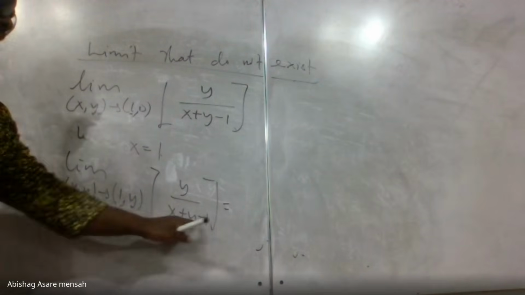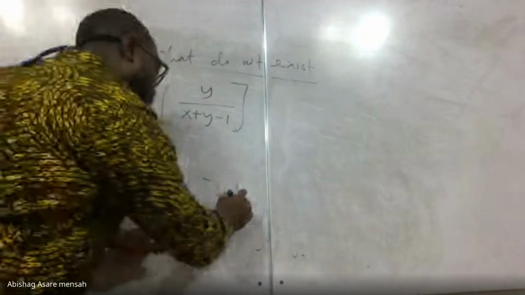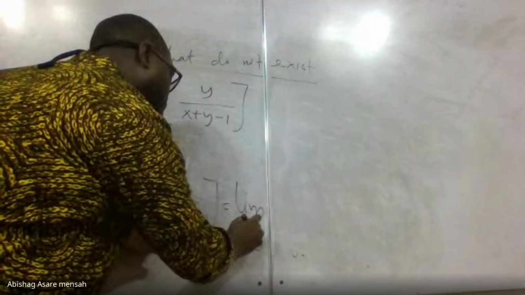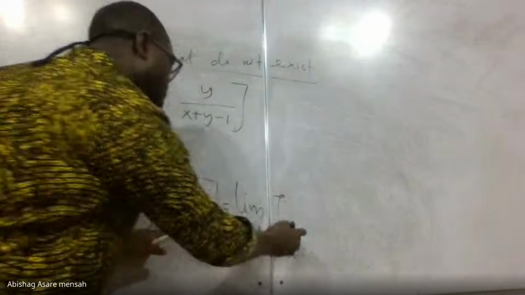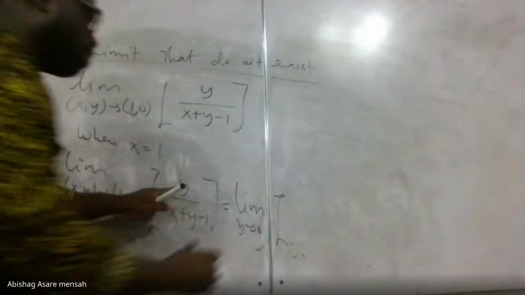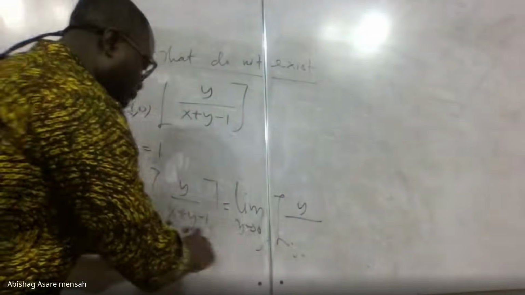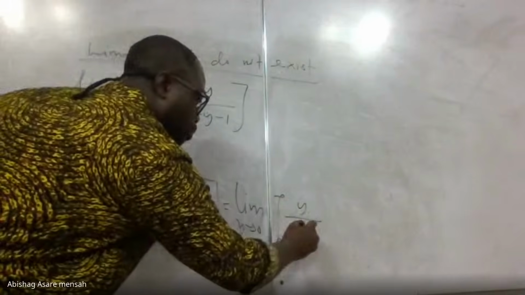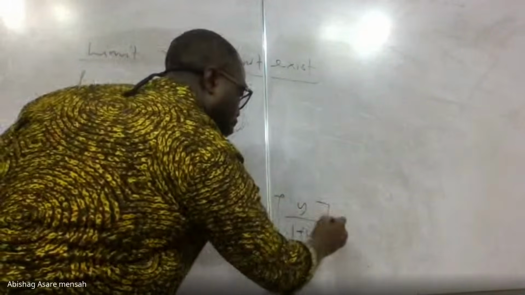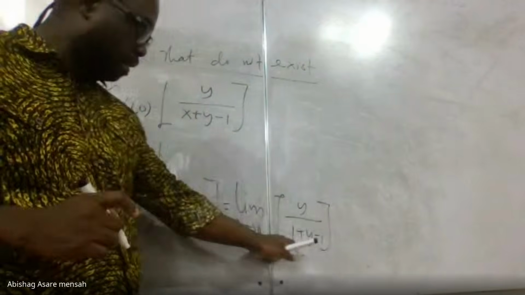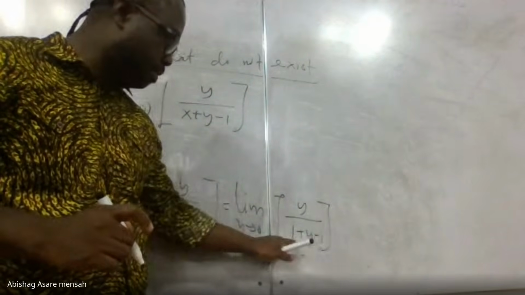We have the limit as y approaches 0 of y over 1 plus y minus 1. This and that will give me 0.